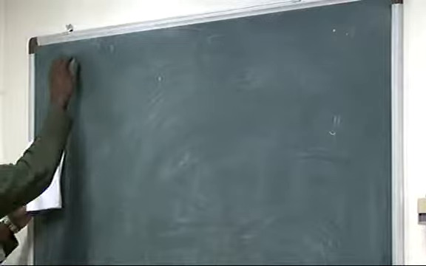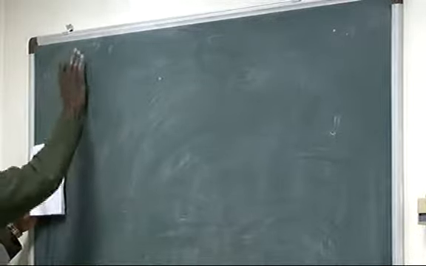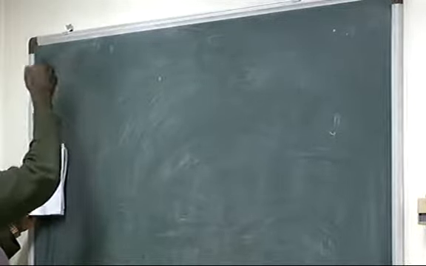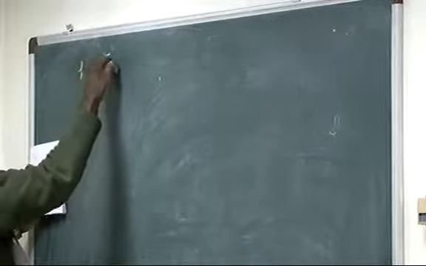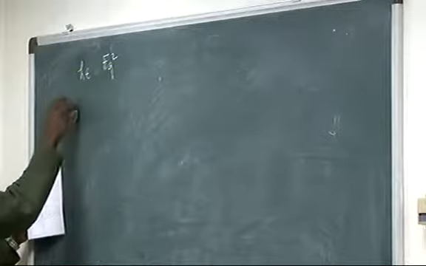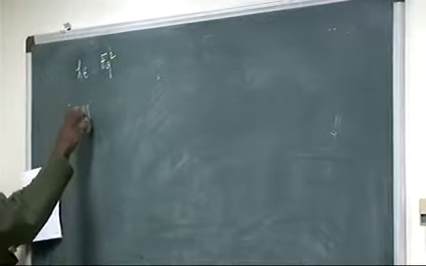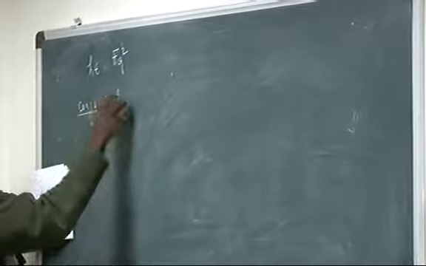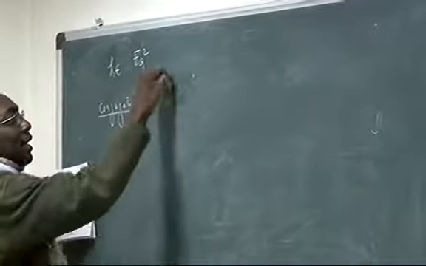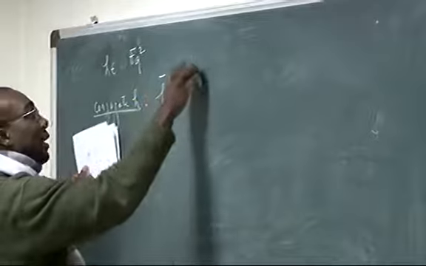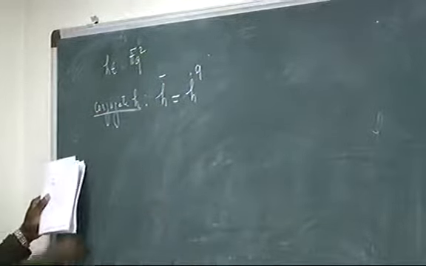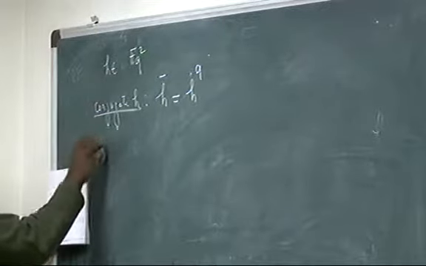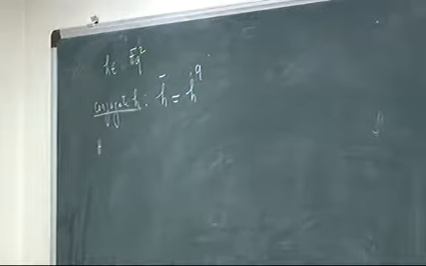Here we take, for instance, h belonging to F_{q squared}. And we define the conjugate of h, like in the complex numbers, equal to h to the power q.